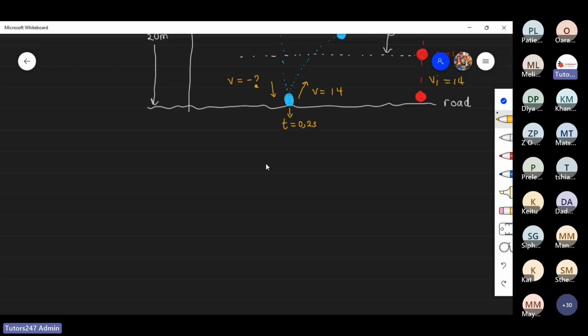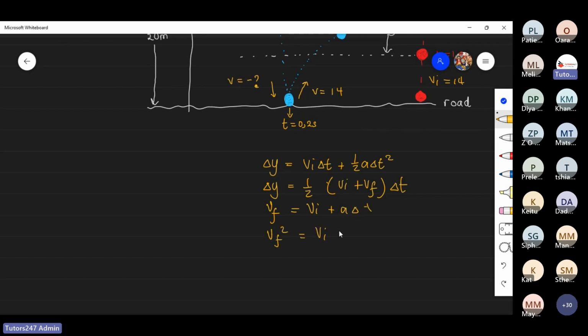We have delta y equals vi delta t plus 1/2 a delta t squared. We have delta y equals a half (vi plus vf) delta t. In addition to that, we have vf equals vi plus a delta t. We have vf squared equals vi squared plus 2a delta y. Now, we are first going to have a look at ball A.